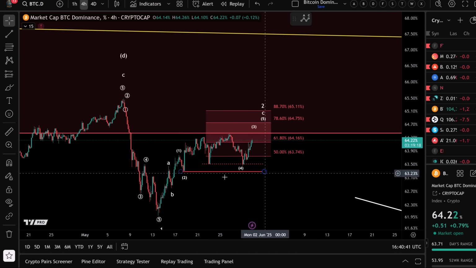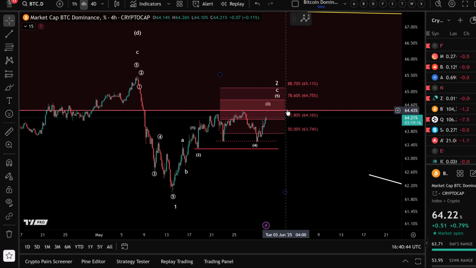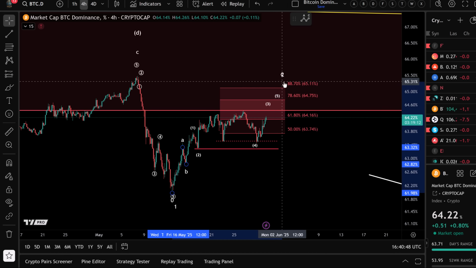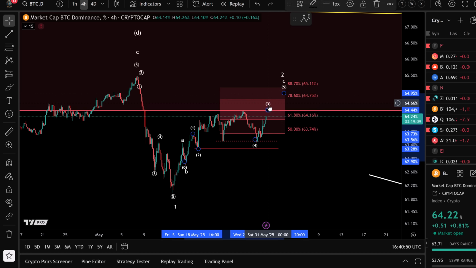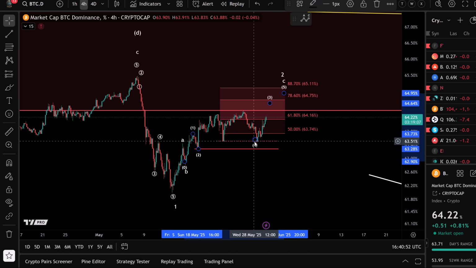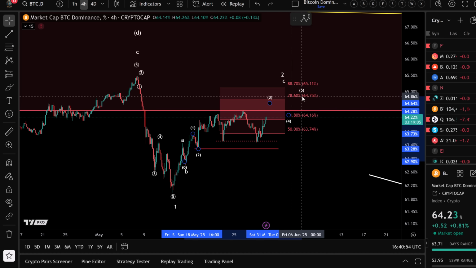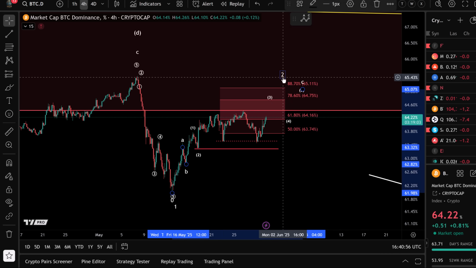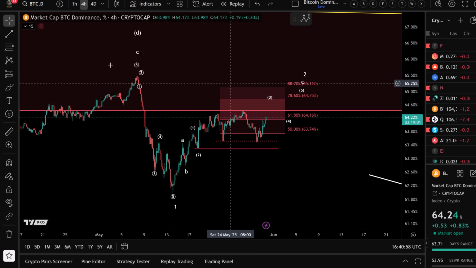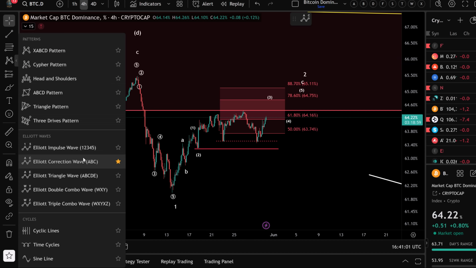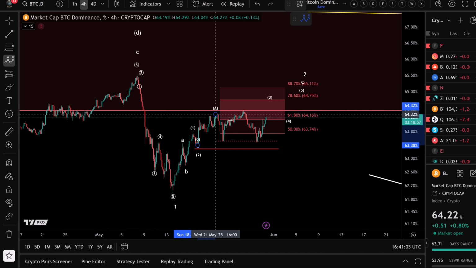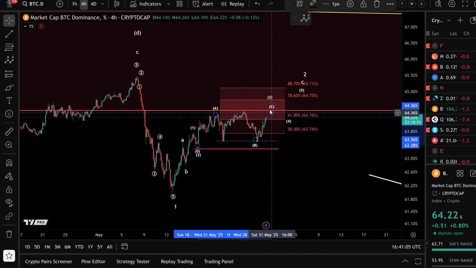If this really is a corrective rally, then we're likely dealing with a diagonal pattern there, and we might even still be in the third wave, the way this is going. So this is a plausible scenario, and then what we have seen is an A wave up, a B wave down, and this would be a C wave up now. But please note, this is not reliable.